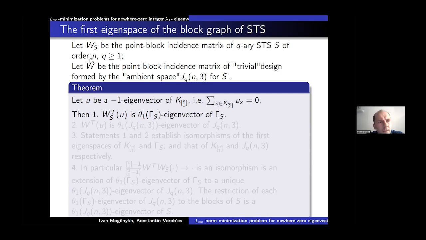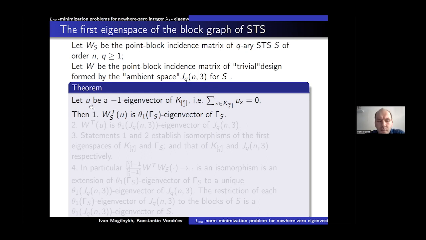the Grassmann graph. Let W_S, as before, be the point-block incidence matrix of a Steiner triple system S of order n, and let W denote the point-block incidence matrix of the so-called trivial design, which is formed by all three-dimensional subspaces of F_q^n. And we have the following.